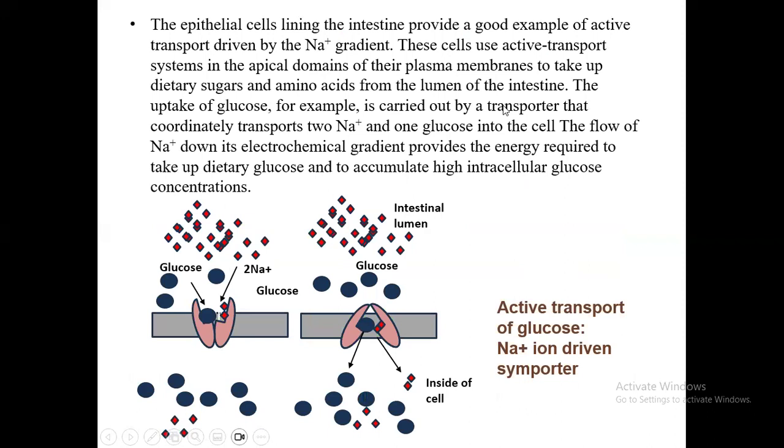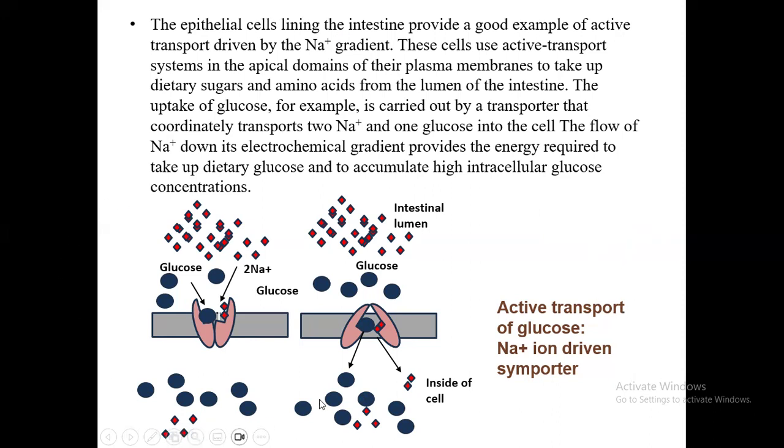Here we have an example of active transport of glucose that is driven by another molecule, sodium ions. This example is commonly seen in the epithelial cells that line the intestine, where the intestinal glucose molecules are to be picked up into the cell, and this is against their concentration gradient.